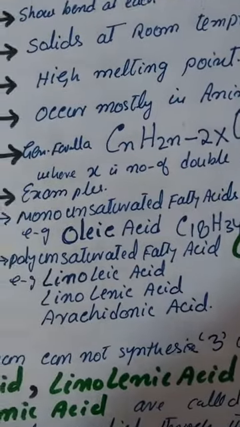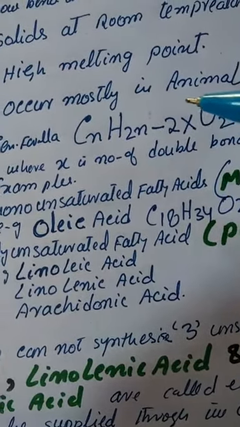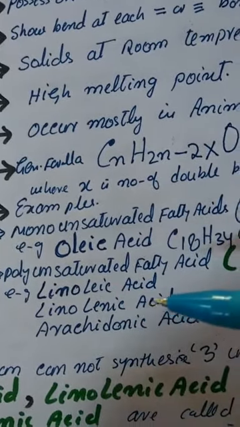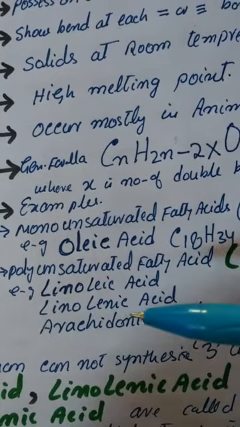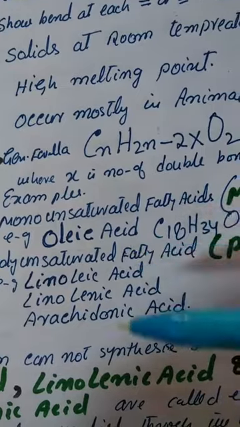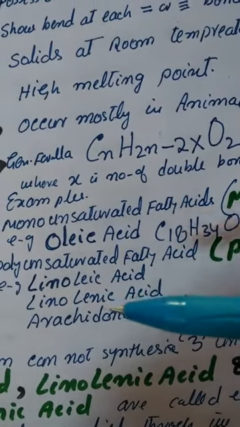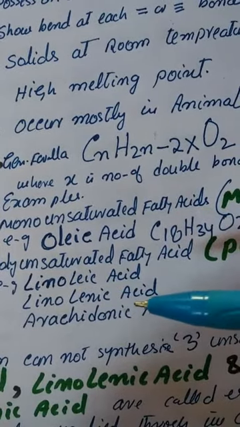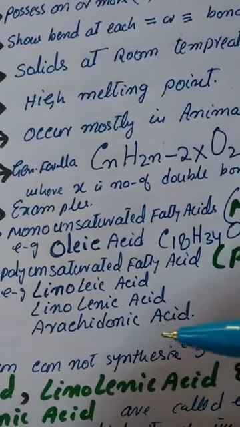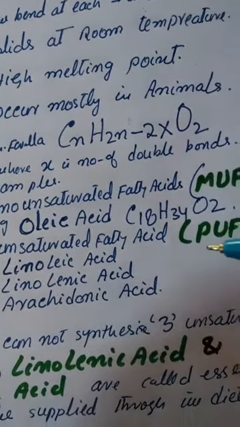The important examples of these polyunsaturated fatty acids are linoleic acid, linolenic acid, and arachidonic acid. You must remember the names of these three acids, which are the examples of polyunsaturated fatty acids or PUFA.